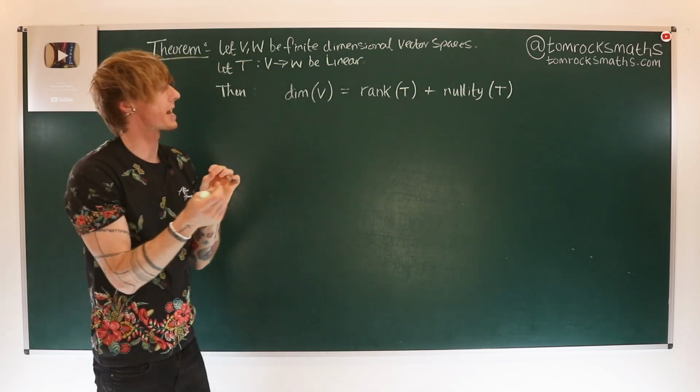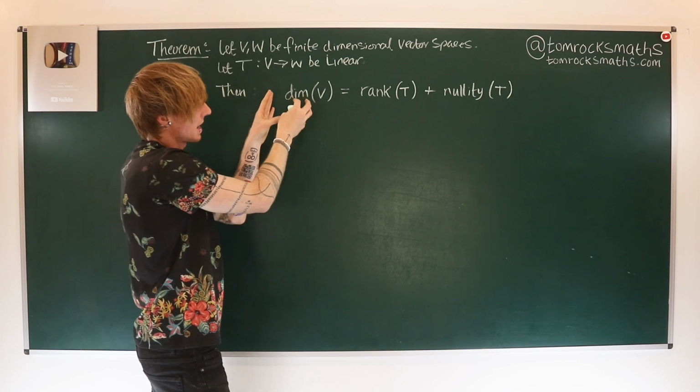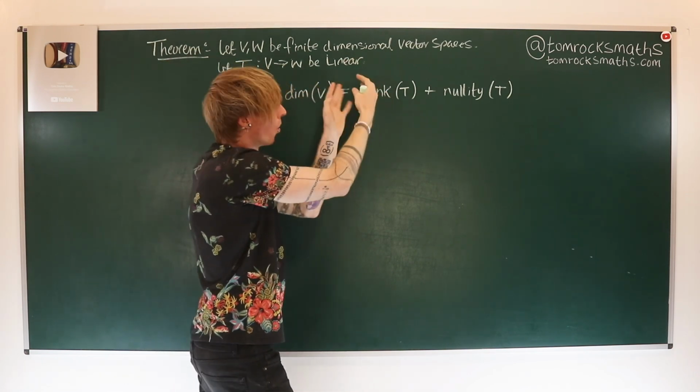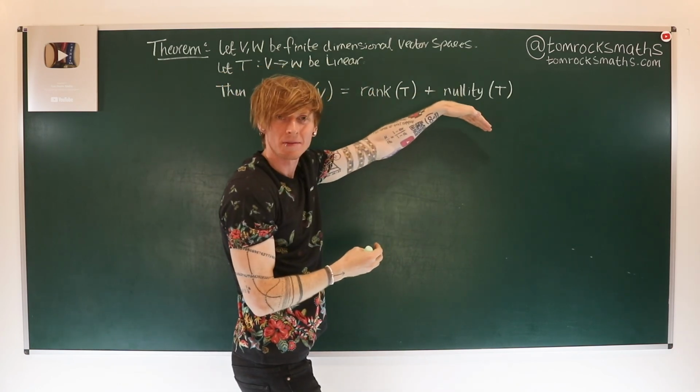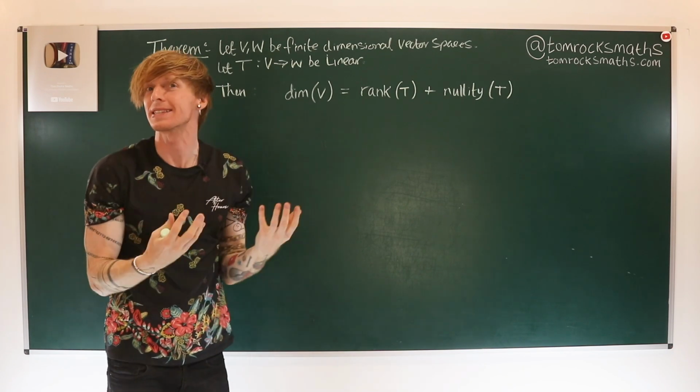So you're saying, take any piece in your starting space, and it's got to either go into the image, or it's got to map to 0. There isn't really anything else that can happen. You can't suddenly lose pieces.